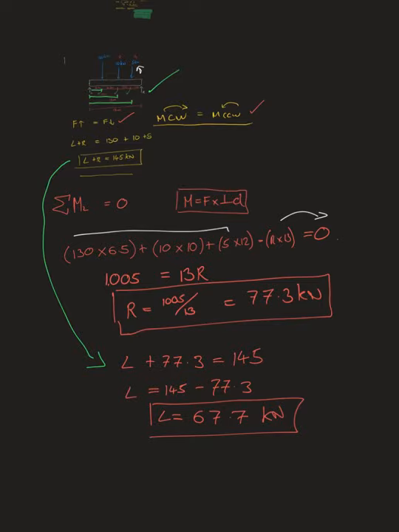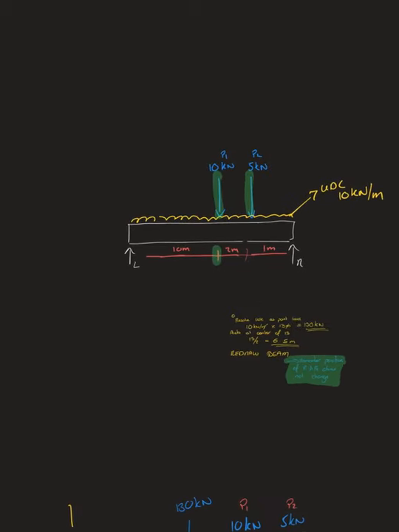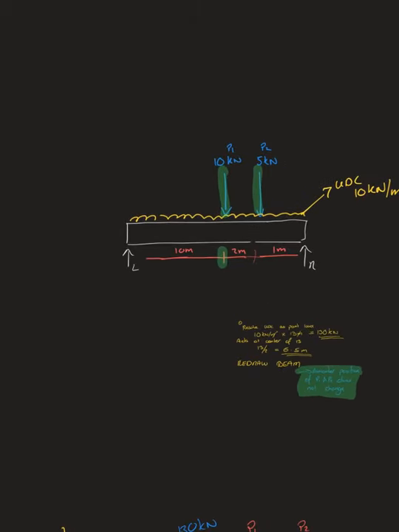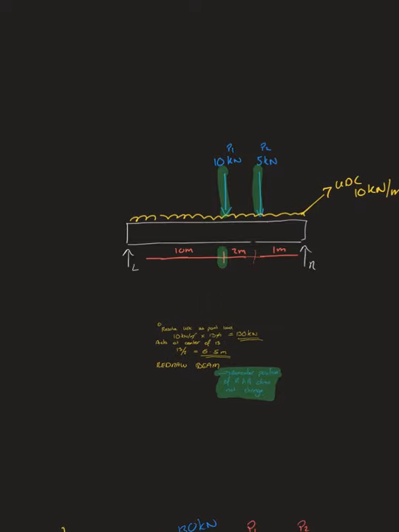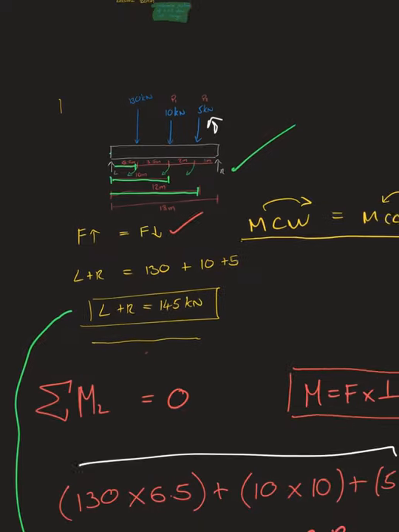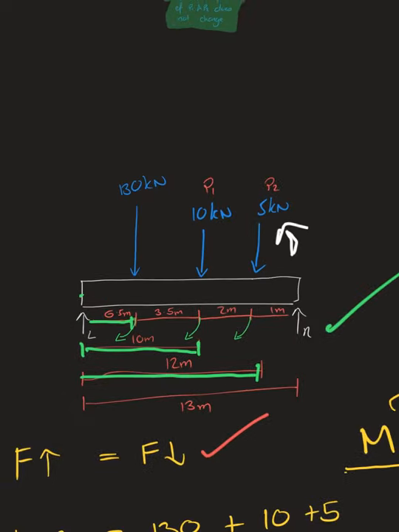And so the key thing to remember, walking through it, is you resolve that UDL as a point load. So you replace that squiggly line with one of these. You get a statement of forces. Forces up equal forces down. And your moments should equal 0 too. When you're calculating your moment, remember to use the entire distance from the point you're taking the moments around.